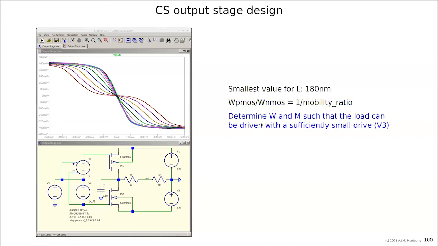So then we determine W and M such that the load can be driven with a sufficiently small voltage. Now let's see what we have here. You can make the width a function of some parameter and step that parameter and see if you can make 320 millivolt, because that is what we need, 320 millivolt with a decent input swing.